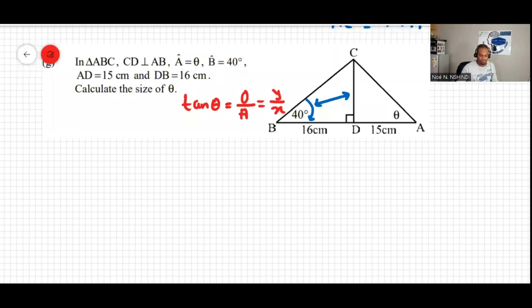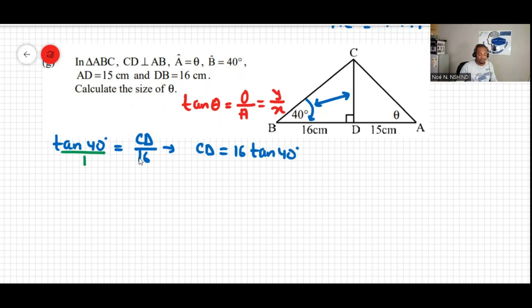So that's tan of 40 degrees will be equal to opposite, which is CD, over adjacent, which is 16, okay? And then we can cross multiply, it's divisible by one there. So that makes CD equal to 16 multiplied by tan 40 degrees. Okay, listen to me.